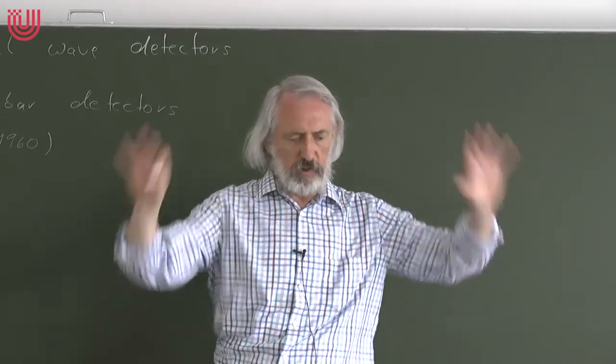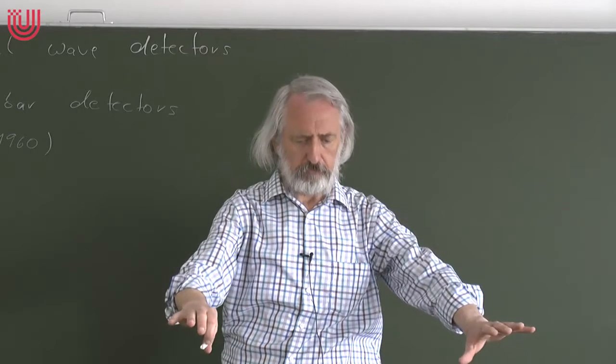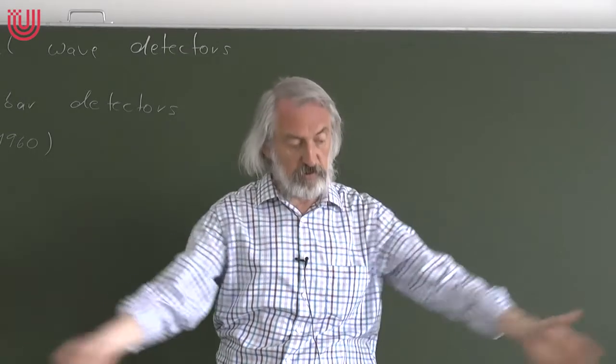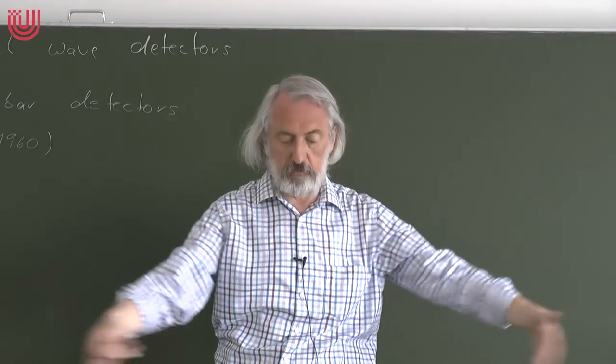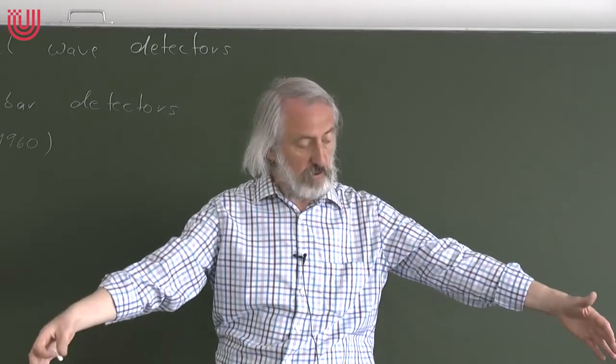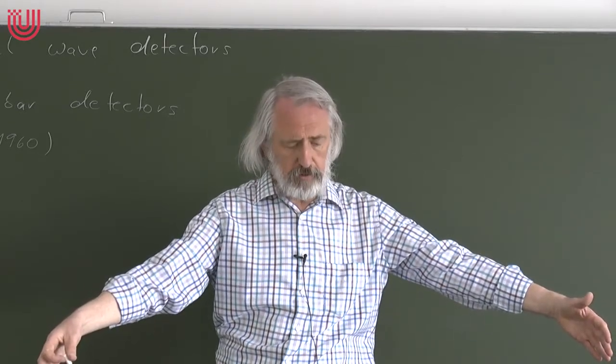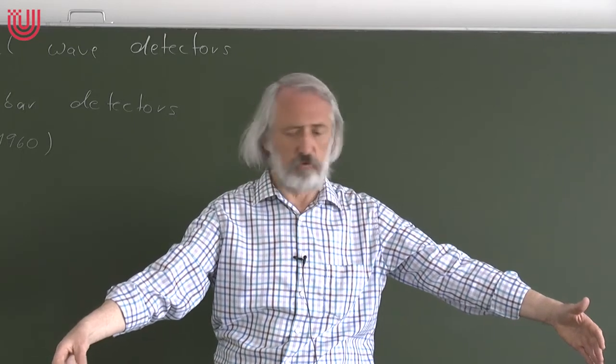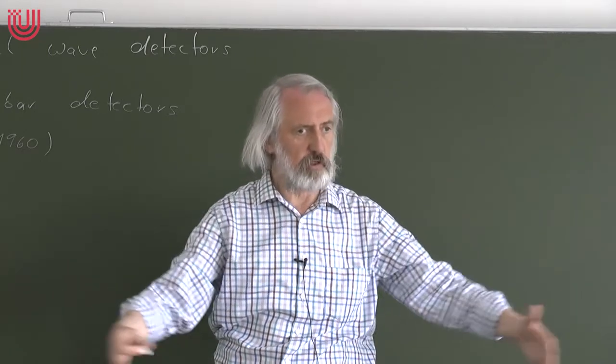And the idea was that when a gravitational wave came, and if it had the right frequency so that it could produce a resonant wave, then it might be possible to just observe the deformation of the thing.